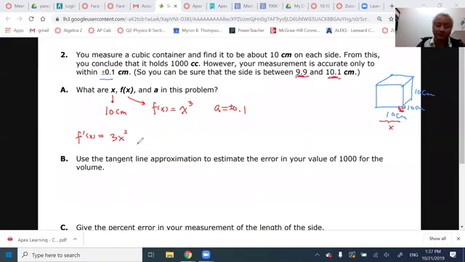Power rule. And then from there, you can find f'(10) will be 3 times 10 squared, which is 3 times 100, that's 300. That's this derivative.